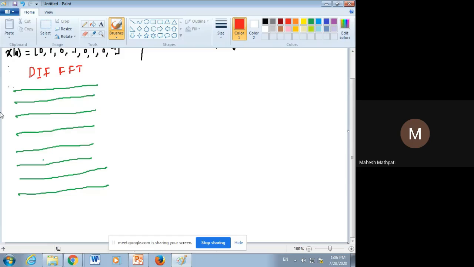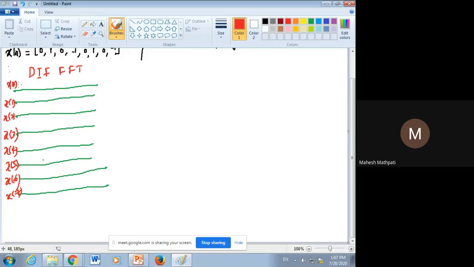Let us write it in natural format: x of 0, x of 1, x of 2, x of 3, x of 4, x of 5, x of 6 and x of 7.